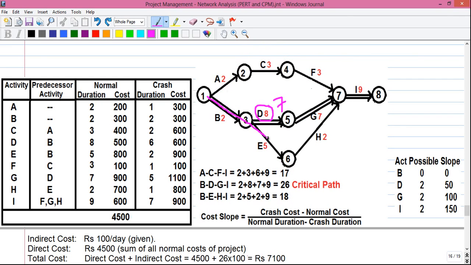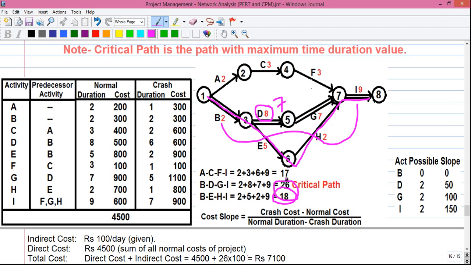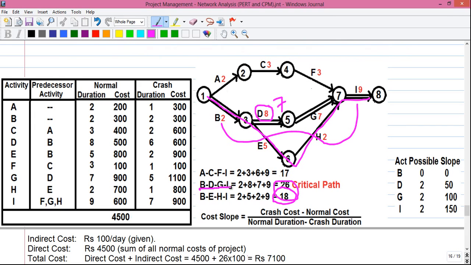And next path B, E, H and I, for which the total duration is 2 plus 5 is 7, plus 2 is 9, plus 9 is 18. So as of now, the total duration value for path BDGI is 25, which is maximum. And as we know, the path which has the maximum time duration value is the critical path. So as of now, our critical path is BDGI, which has not changed.